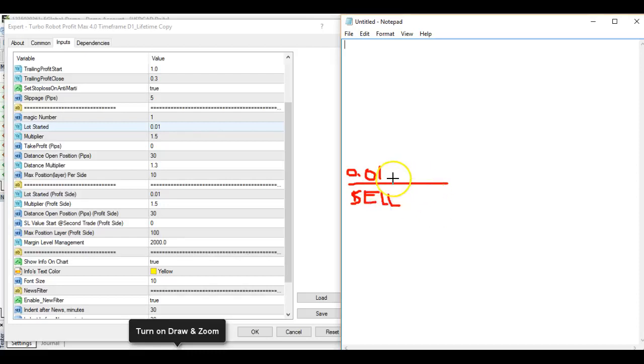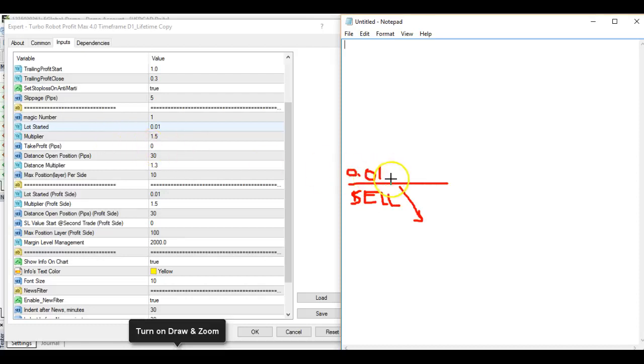So you're expecting that the sell trade will drop. So this is what we explained just now. Suppose it will drop, then you earn. But here your sell trade is losing. So this is your starting lot size, which will start with 0.01.